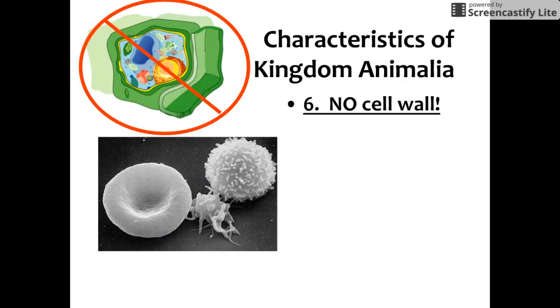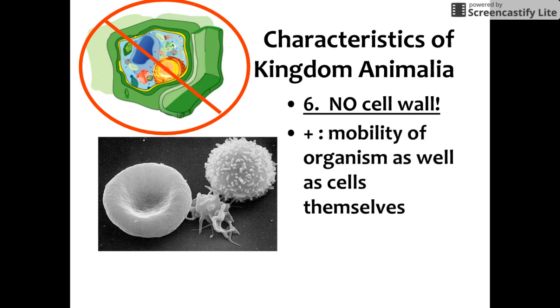Our sixth characteristic is that animal cells do not have a cell wall. Plants don't have any sort of internal support system like a skeleton, so they have to have a cell wall around every single cell to help them stand upright. But the animal does not, and what that does is it increases the mobility of the organism as well as the cells themselves.